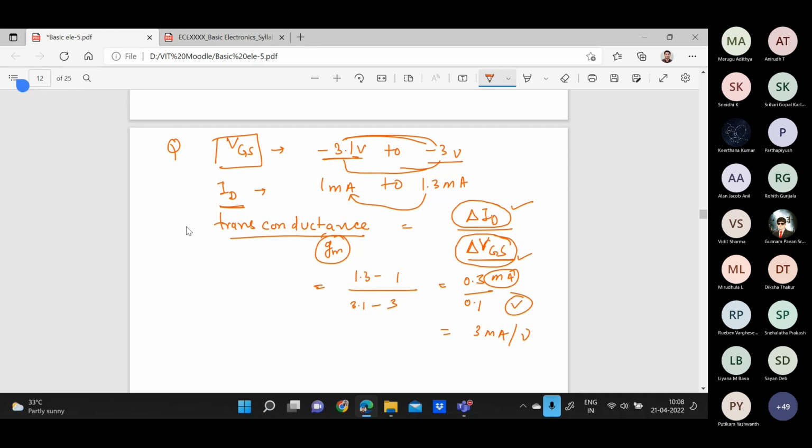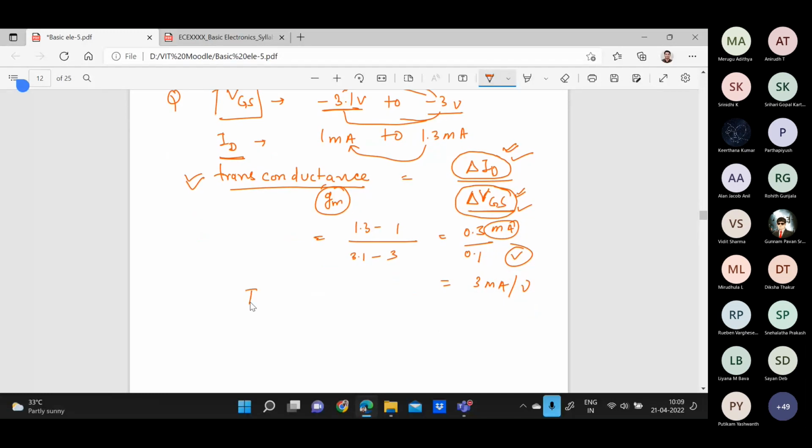Okay, so you can find out the transconductance, you can assume this is the reciprocal of resistance. So the change in the current divided by the change in the voltage. Change in the output current because of the change in the input voltage.